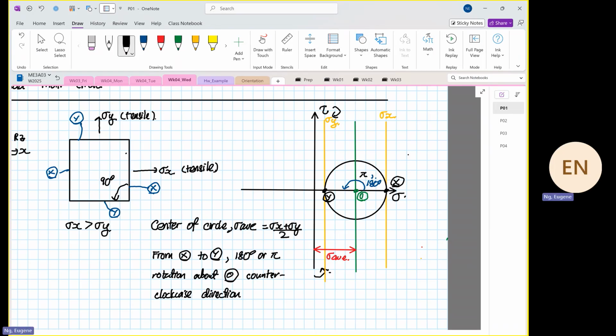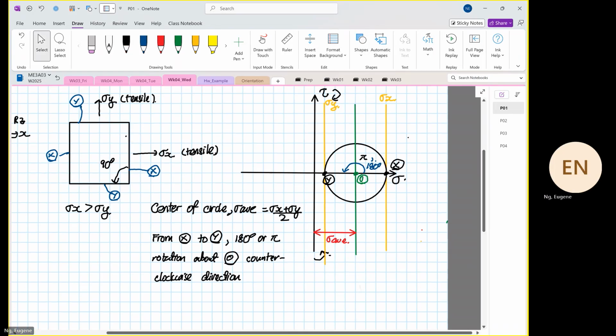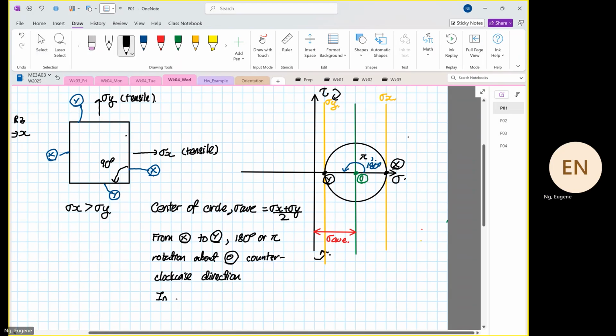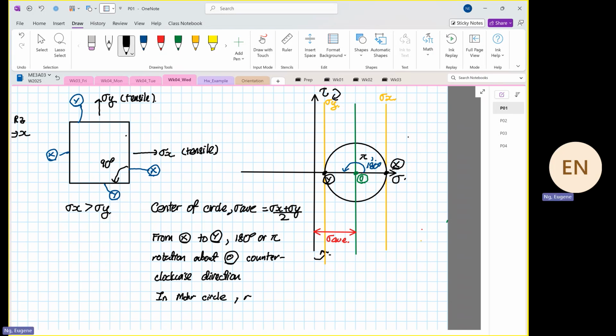90 degrees. So what is more important is this concept, okay? In Mohr circle, the rotation between point X and Y is what? 180 degrees.